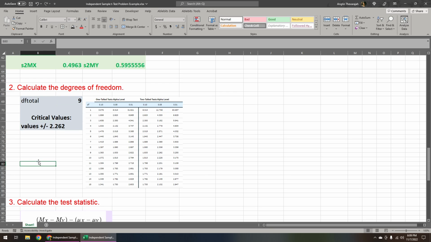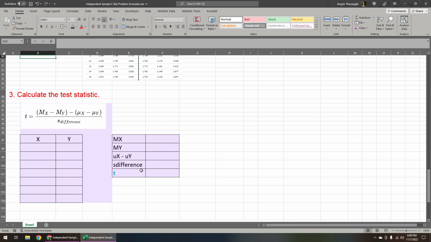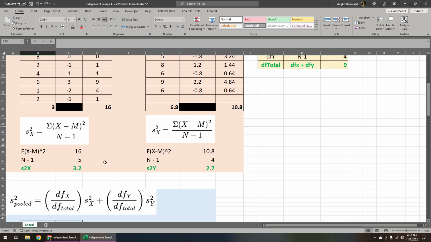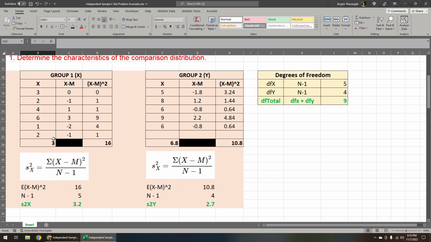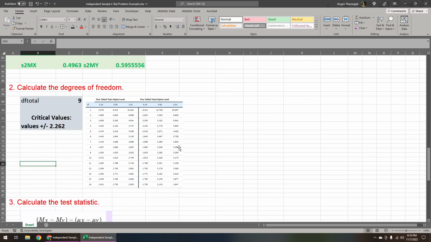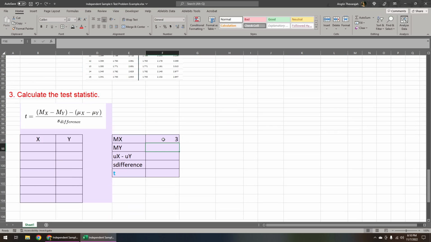Okay. Now, calculating our t-statistic. I've left this right here in case you wanted to add your numbers again for x and y and find the mean again. But we've already solved for our means of x and y, so I'm just going to bring that over. So x is 3 and y is 6.8. Your UX and your UY are always going to be 0 here because we don't have a population that we're comparing it to.